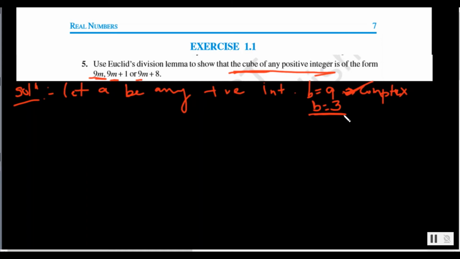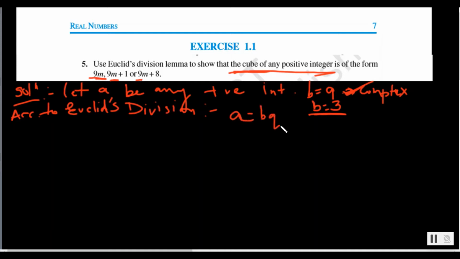Now, according to Euclid's division, the equation is a equals bq plus r, and we know that r is greater than or equal to 0 and less than b.